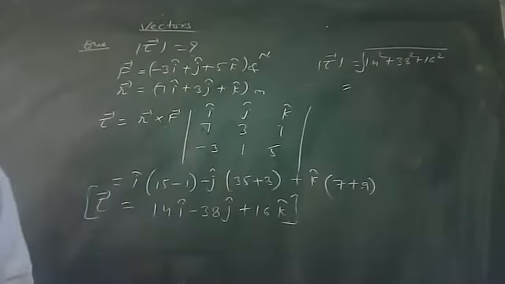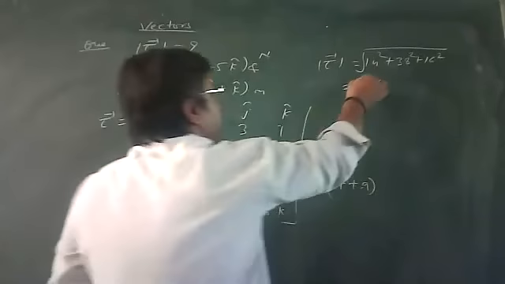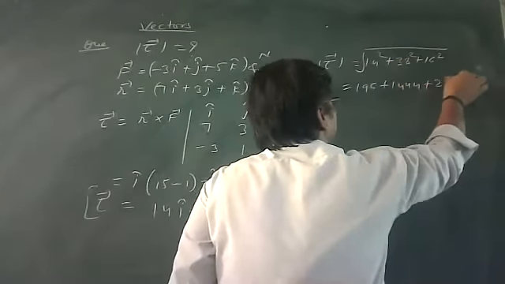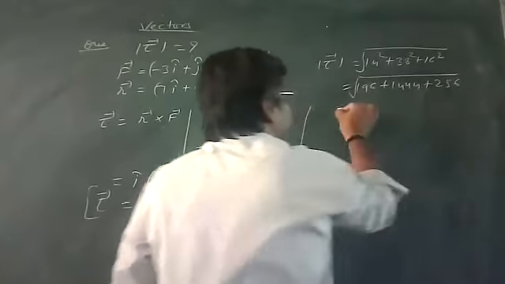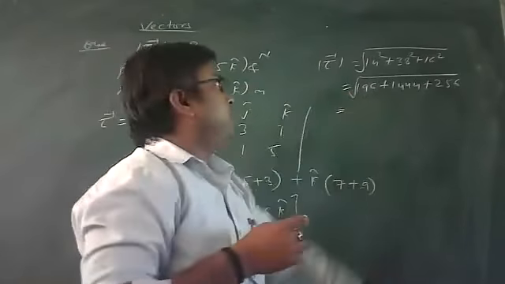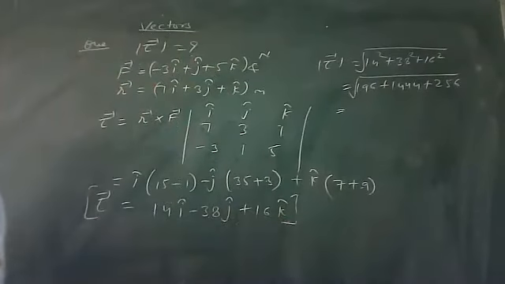The square of 14, you all know, is 196, the square of 38 is 1444, and the square of 16 is 256.